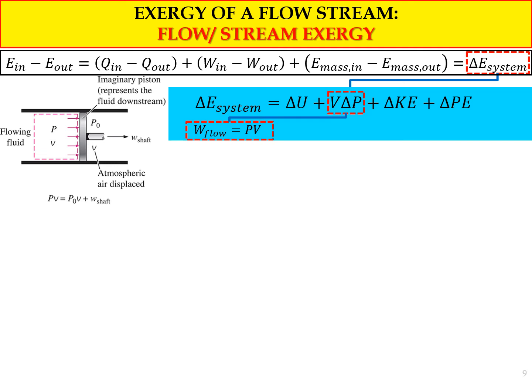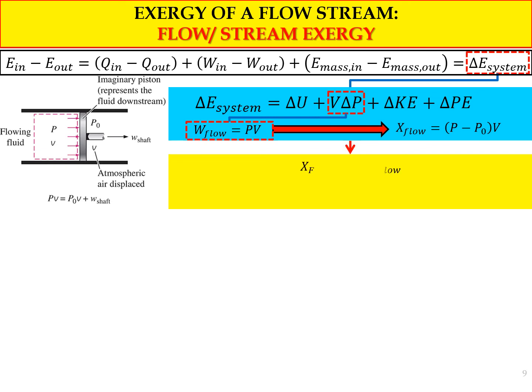So the flow energy, which is from the flow work equal to PV, we can convert into exergy type, which is X flow equal to (P minus P naught) V. So we know that exergy of a flow system, which is an open system, is equal to the exergy of a closed system plus this exergy of the flow from the flowing fluid of the PV.